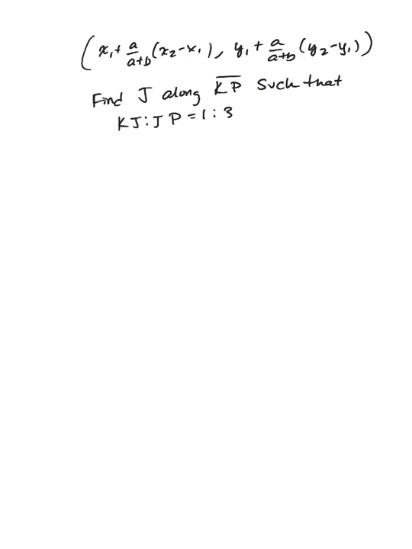Let's say the coordinates of k are (3, negative 8), and p is (7, 0). We're starting from k, so you'd have 3 plus 1 over 1 plus 3, so that would be 1/4 times 7 minus 3.